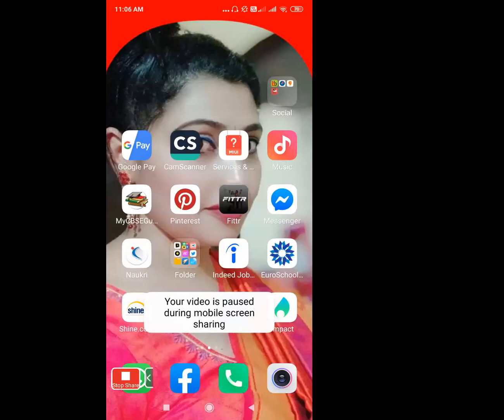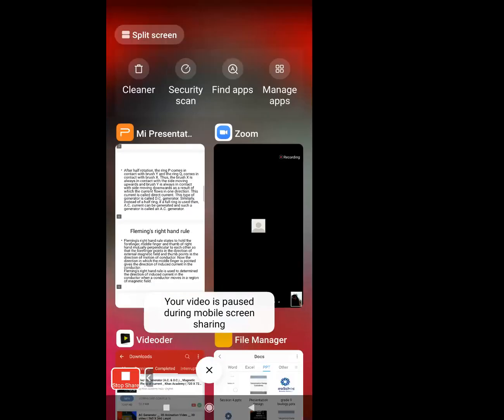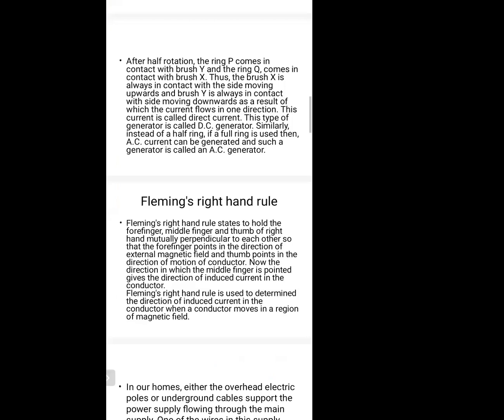How many fingers are you taking out? Three. So what is the rule? What is the code word that your teacher taught? Father, mother, child. So even the right hand rule remains the same: father, mother, child.